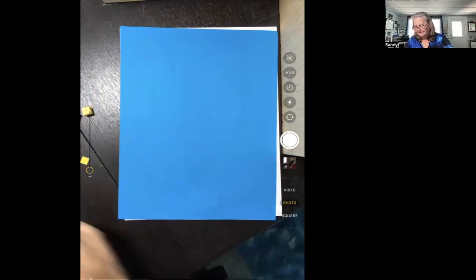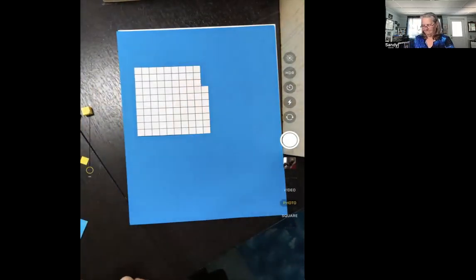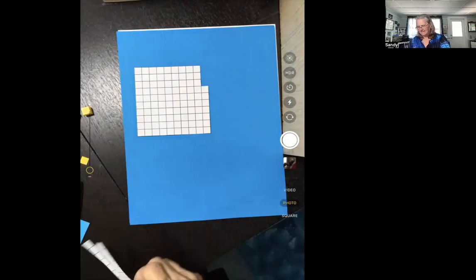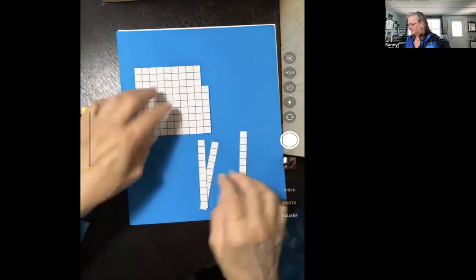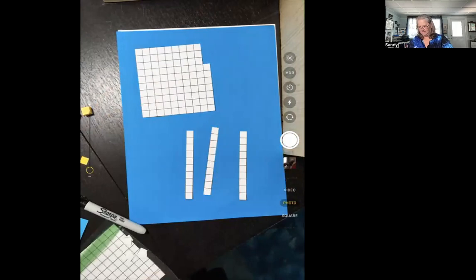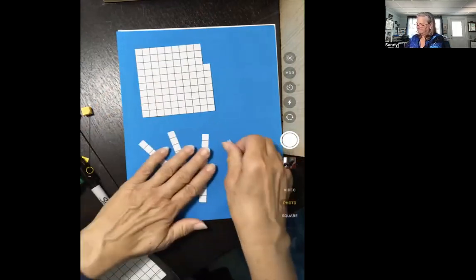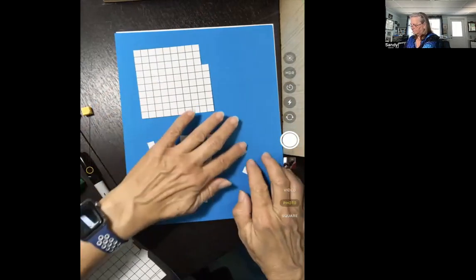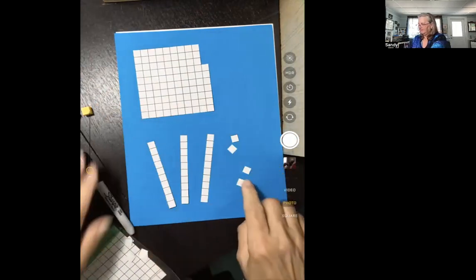And then you may see something like, I need to do something with 97. And let's say I'm combining 97 with 35. Can you already see what we need to be doing here?